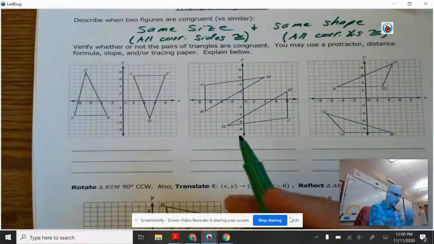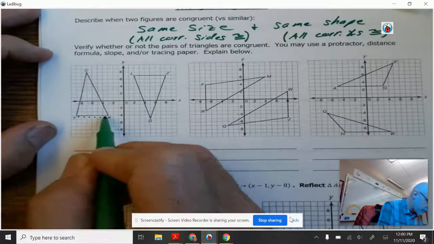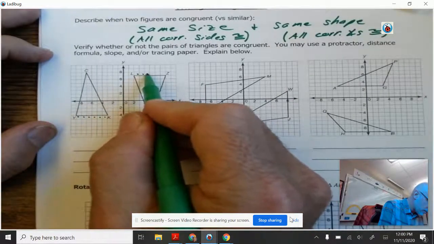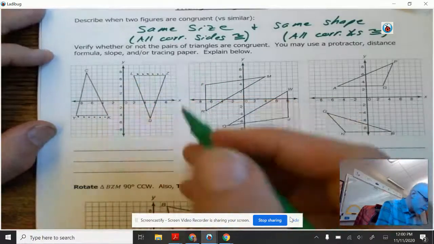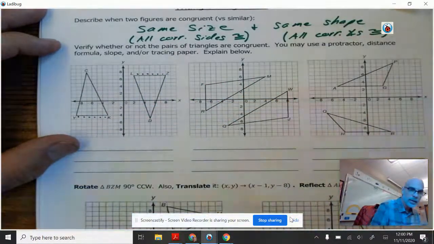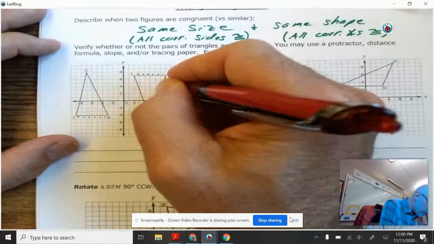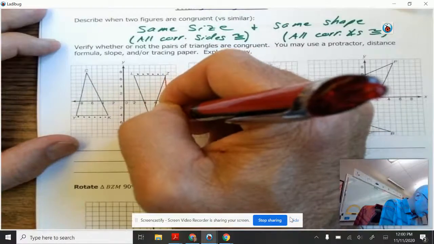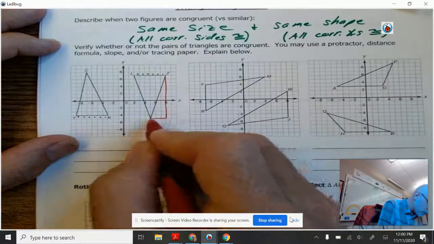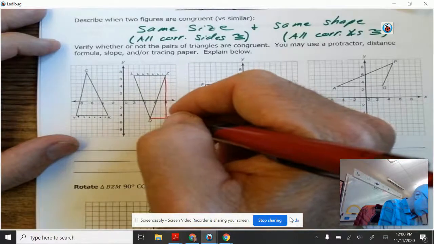Let's see if we can do some counting right here. This side down here is 1, 2, 3, 4, 5, 6. This one's 1, 2, 3, 4, 5, 6. That's the same. If you look at D right here, if we were really going to check the length of this side, what I would have to do is complete the rise and run, which is 3 by 12.